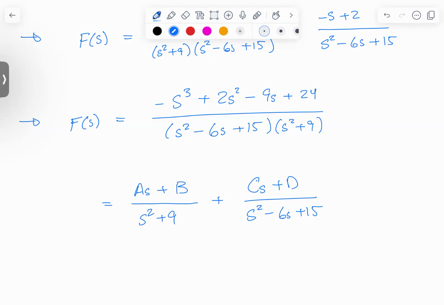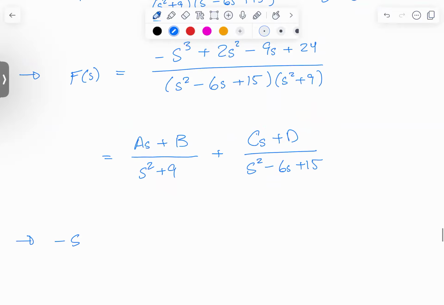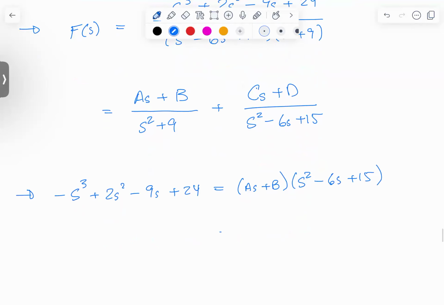Because when we go to solve this, I've got to multiply by that denominator, and I'm going to end up with negative S cubed plus 2s squared minus 9s plus 24 equals AS plus B times S squared minus 6s plus 15, plus CS plus D times S squared plus 9, right?